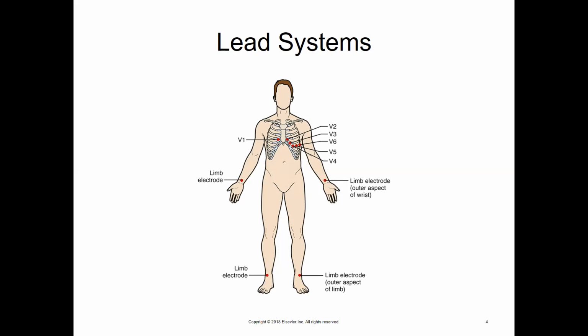So in a 12-lead EKG, there are 12 leads using 10 electrodes. They're hooked to the limbs, and they're also placed on the chest. More information is on page 666, table 34-3. So you see there's 4 leads, 2 on the arms, 2 on the legs, and then the other 6 leads are placed on the chest.